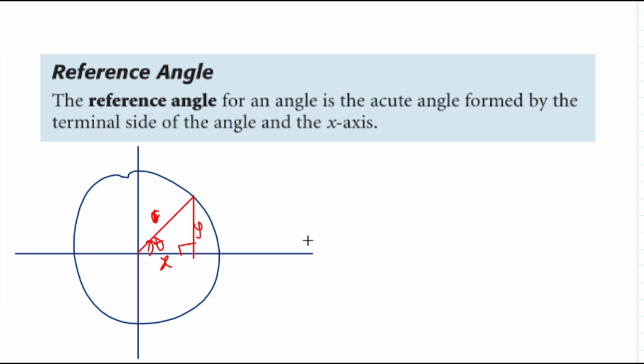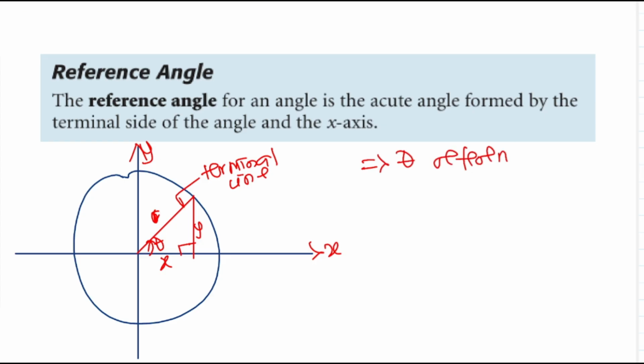This is the x-axis, and this is the y-axis. The line is known as the terminal line. The radius is the terminal line. So the angle between the radius and the x-axis is what is known as the reference angle.